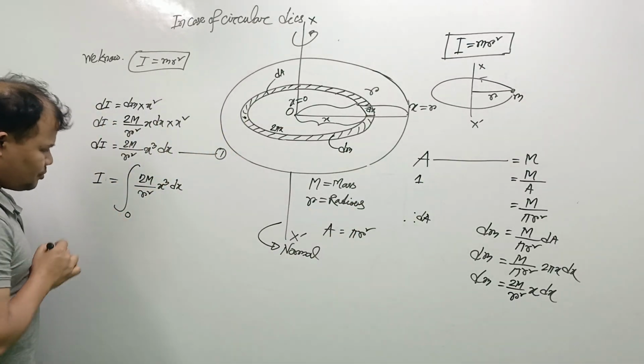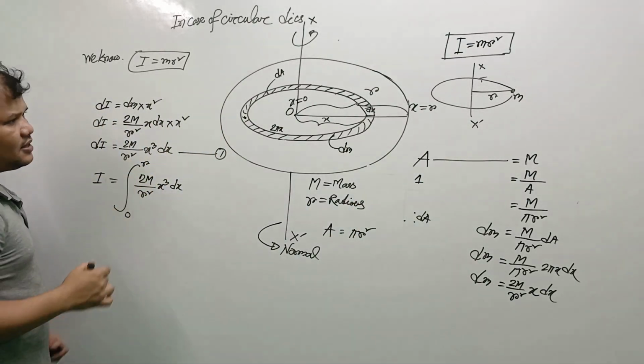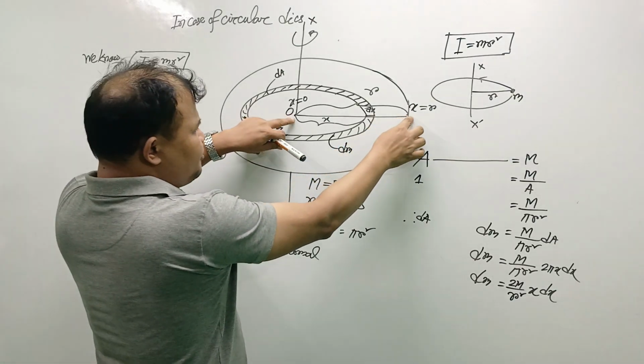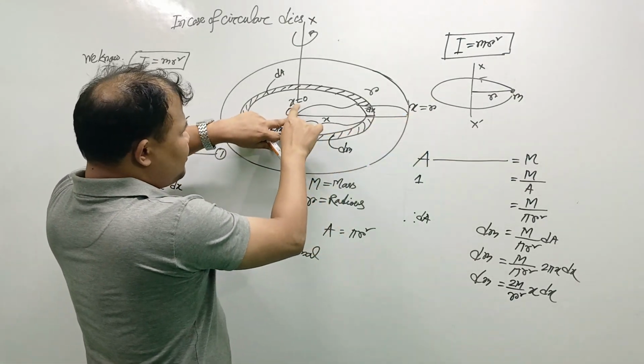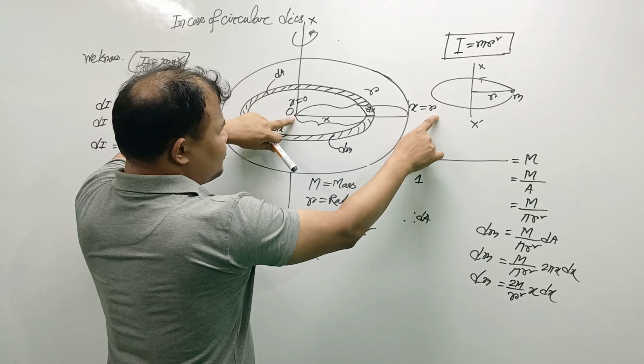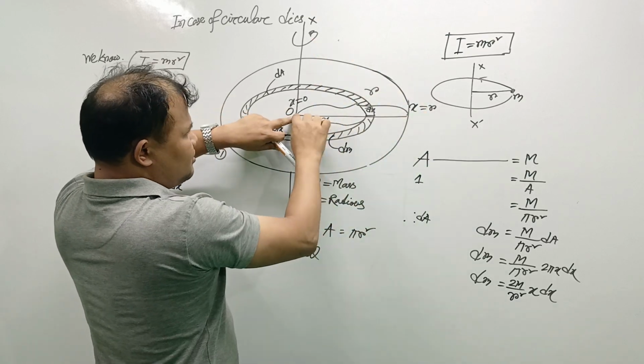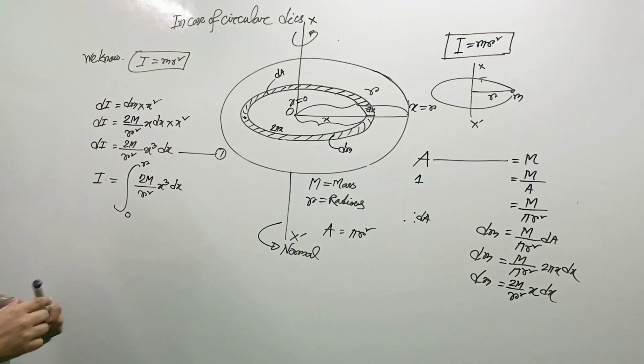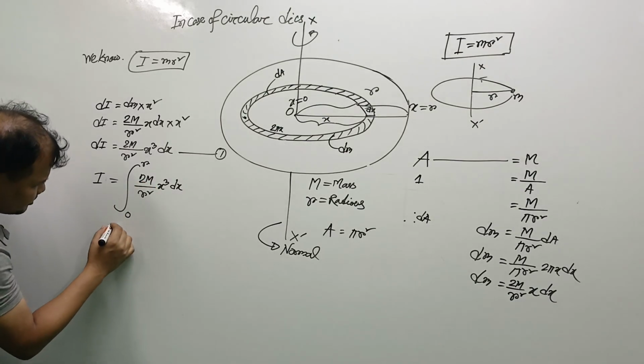So we put lower limit 0 and upper limit r. In this region, if we integrate x from 0 to r, then we get the moment of inertia for the total circular disc. Now we complete this equation.